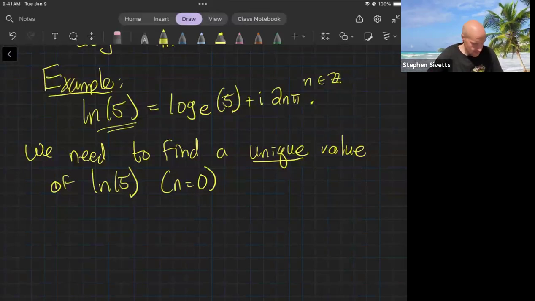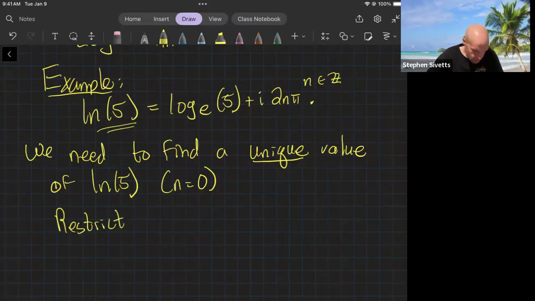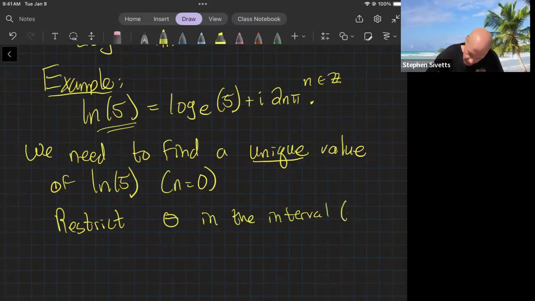So what we need to do is restrict theta in the interval minus pi up to pi.